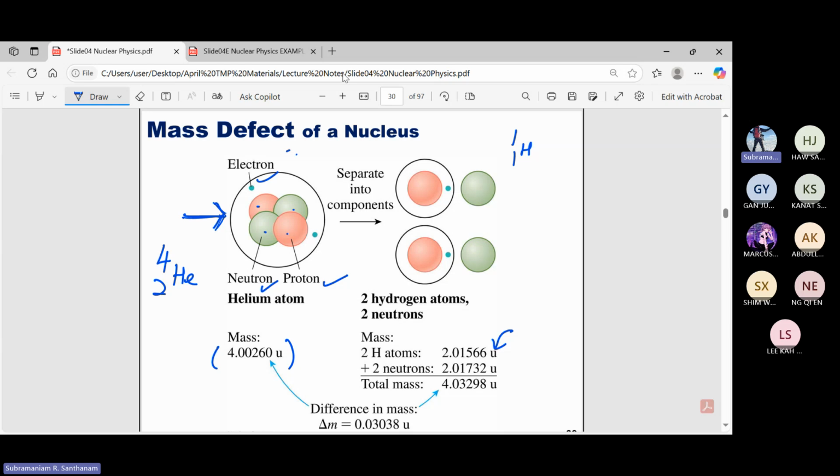Then I also have two neutrons, whose mass is given.